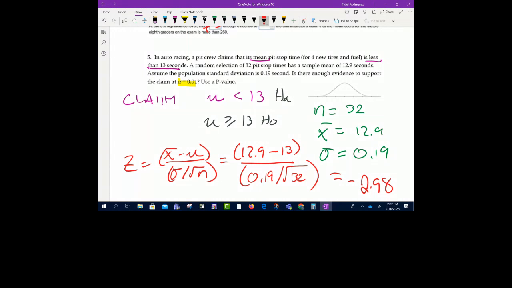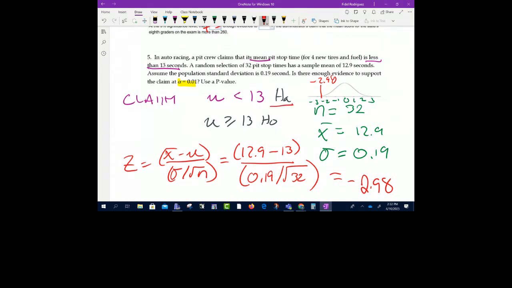So look, we got that number right there, y'all. Let's see where that number is on my normal curve. 1, 2, 3, minus 1, minus 2, minus 3. We got negative 2.98. Now, I have to figure out, is this a left tail test, right tail test, or two tail test?